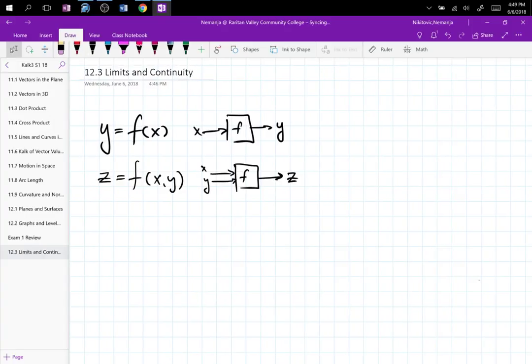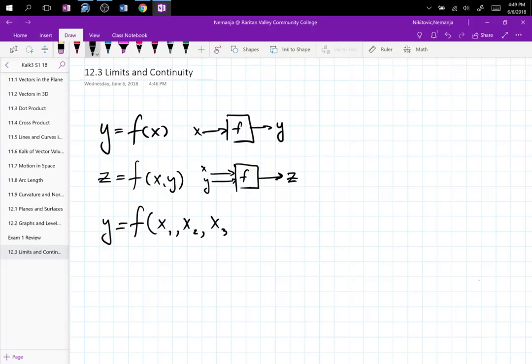So your previous experience all the way through Calculus 2 was one-dimensional input, one-dimensional output. Now we are at the place where we're going to say that your output, let's call the output y, is going to be a function of several variables.